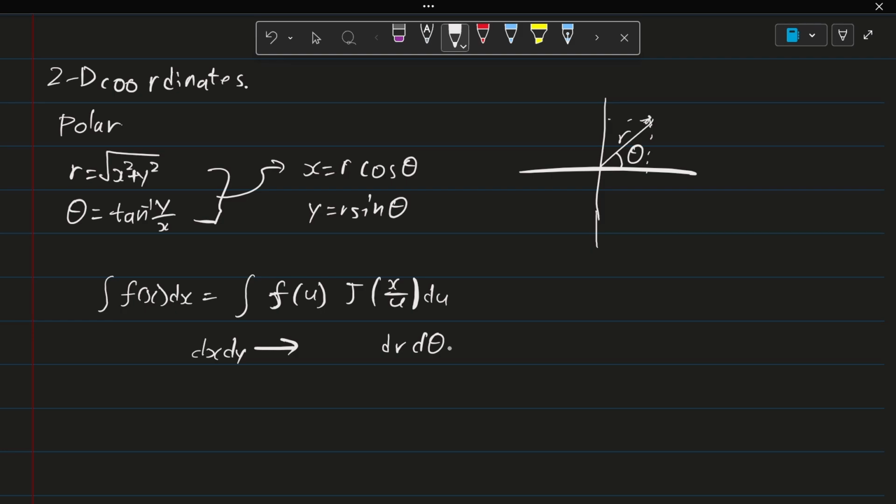If you take a very small r and a small theta, what you get is this small area. The small area here, which I will draw on a much bigger scale, has this side as our dr, which is the small length in the r direction, and this side here.